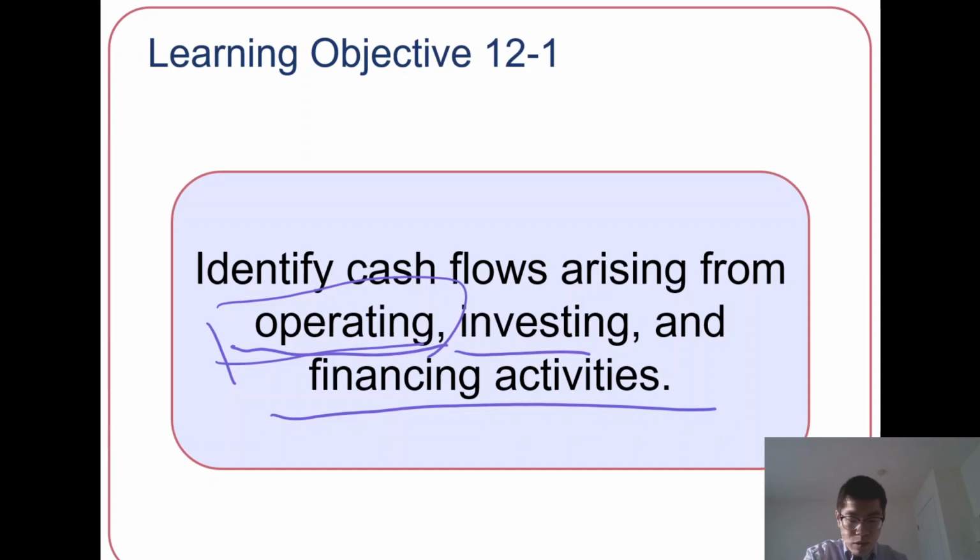But in terms of investing and financing activities, there is some confusion between these two for students. So we need to pay relatively more attention to them. Sometimes you see an activity that you really think is an investing activity, but it turns out to be a financing activity. We're going to talk about the reason for that later.